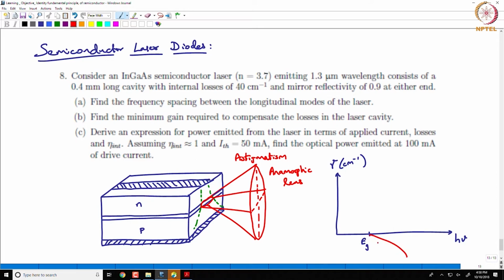Higher energy, higher frequency has more absorption because more density of states exists. So you can have higher absorption, but the absorption starts at Eg. This is if you do not inject any current. Now, you start injecting some current, then you can start having gain, and so you will start having this sort of a picture.